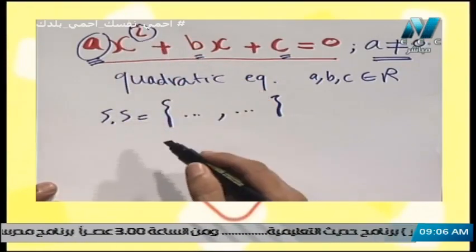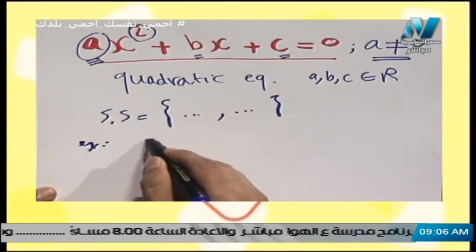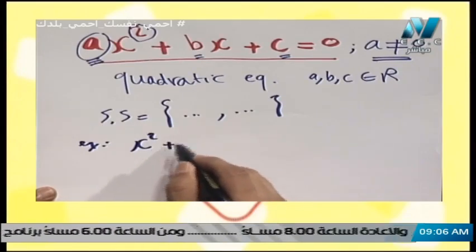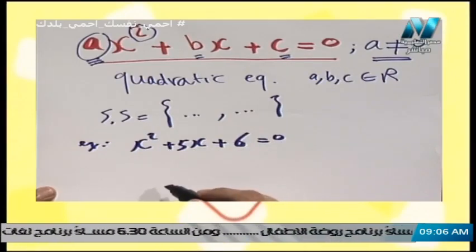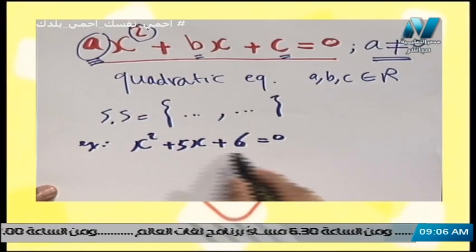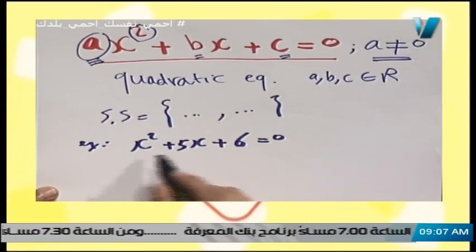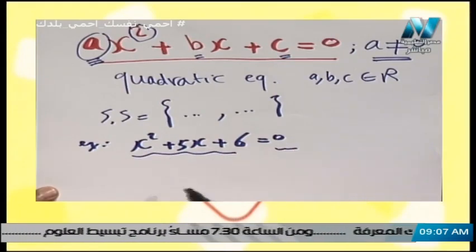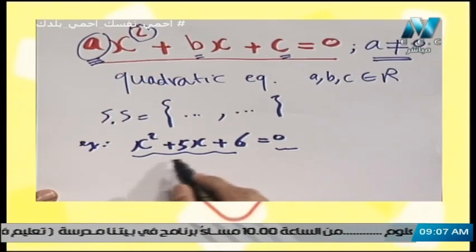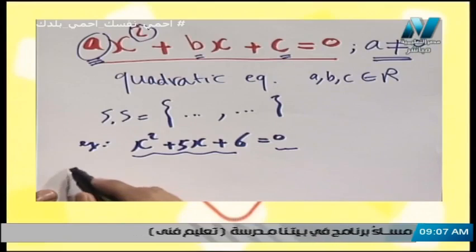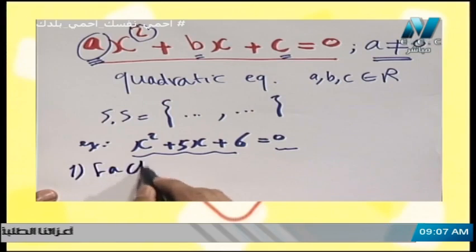If we have an example, an equation x power 2 plus 5x plus 6 equals 0, and you want to find the solution, we have to find the values of x that make this expression equal 0. We have two algebraic methods to solve this equation. The first method is factorizing, or factorization.